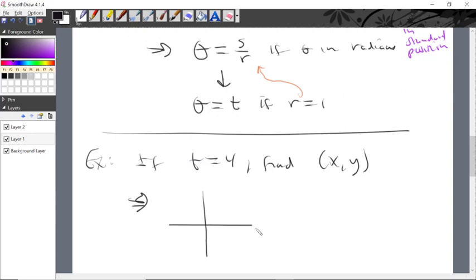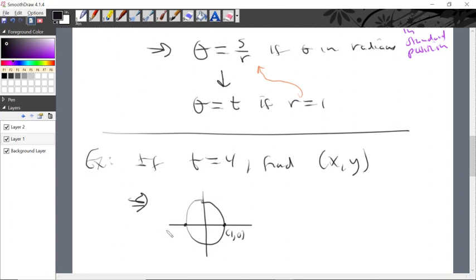Okay, so the unit circle. Let's say that's the unit circle. It's hard for me to draw a circle on this thing. If this is the unit circle, then it has points on it like 1, 0, because that would be exactly a distance of 1 unit from the center.